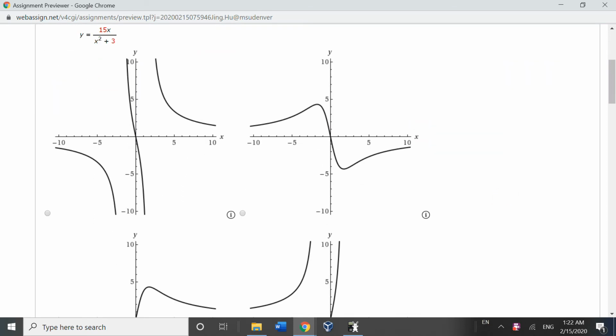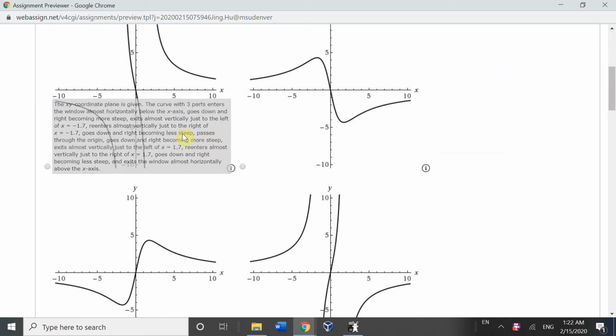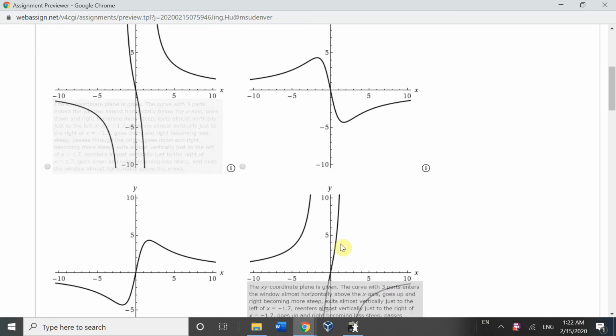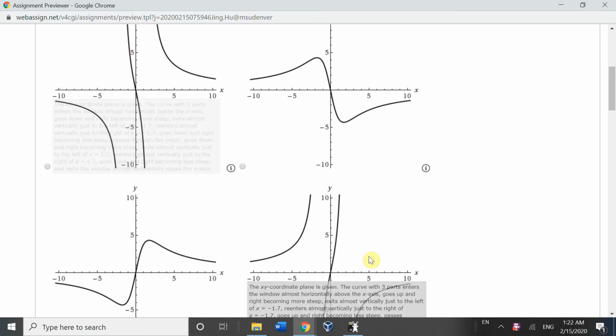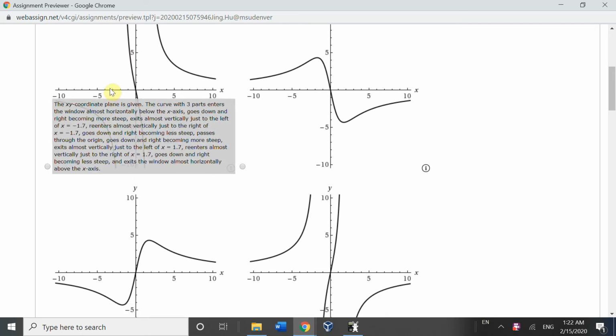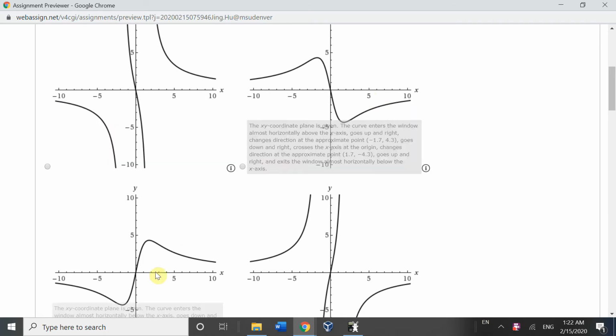Based on the domain, we know these two graphs, A and C, are eliminated because from this and this we could easily see there are two breakpoints on the x-axis, and that also means two vertical asymptote lines. Now only B and C are left.